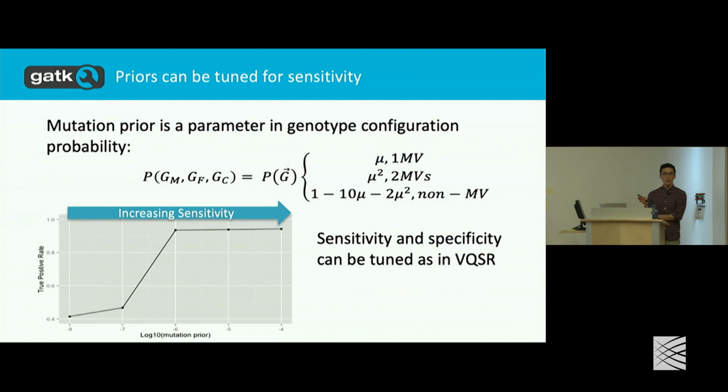But if you happen to have a call set where you expect there to be a lot of de novo mutations, then you can bump up this number and increase sensitivity, meaning that you can discover many more true de novo mutations at the expense of increasing the number of false positive de novos as well.